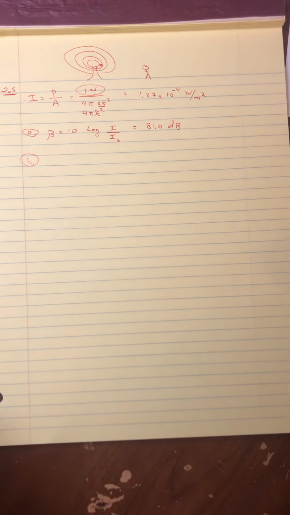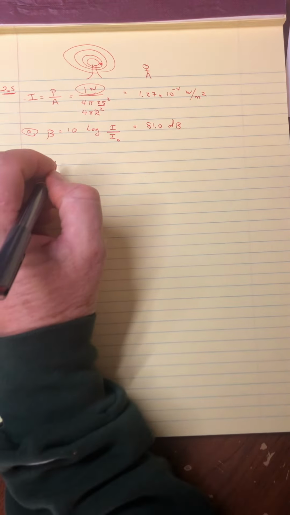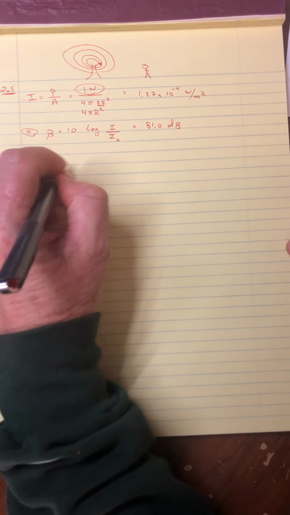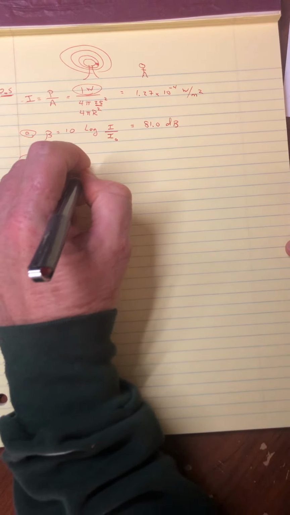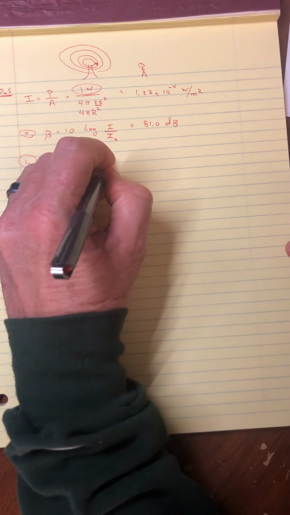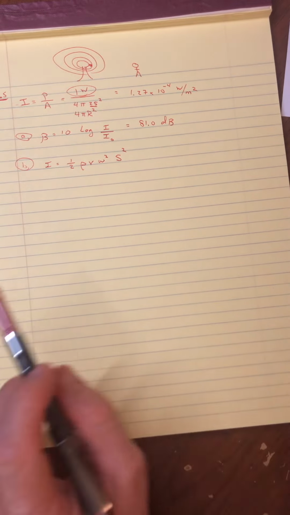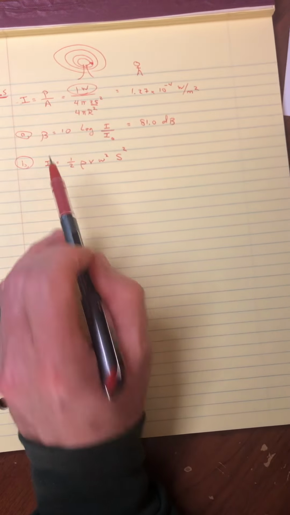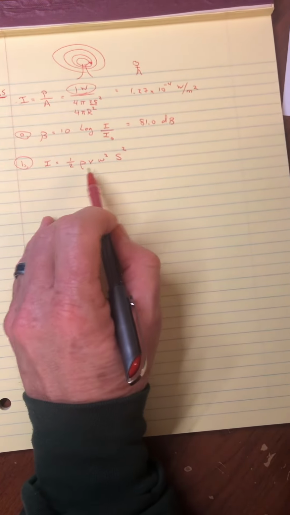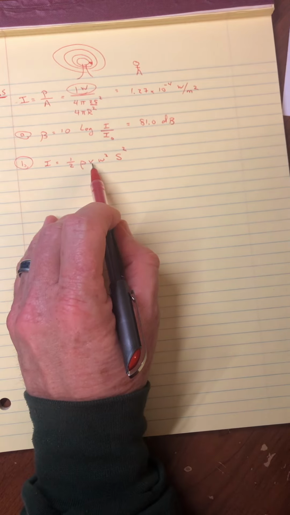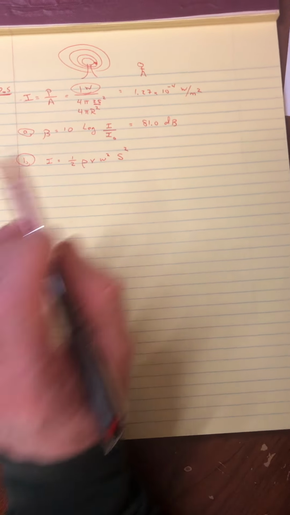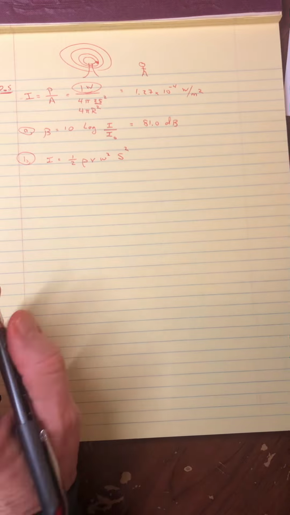And the last part of this was that the intensity of our sound waves was made up of 4 factors, and one of those is the amplitude. So we know the intensity, and we know these other things. This is the density of air, this is the speed of sound, and then this is the angular frequency.